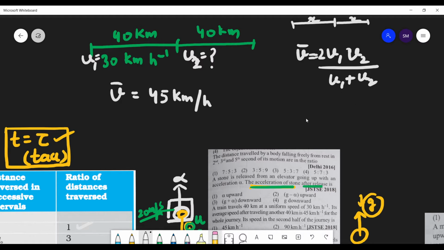Remember? So tell me the value of v2, with how much velocity the train has traveled so that its average speed comes out to be 45. Tell me what is v2?